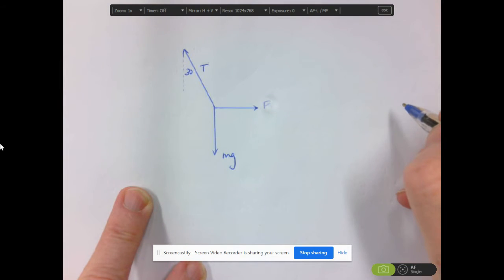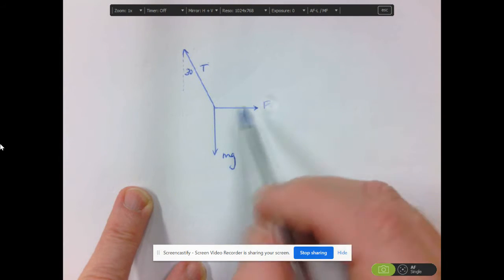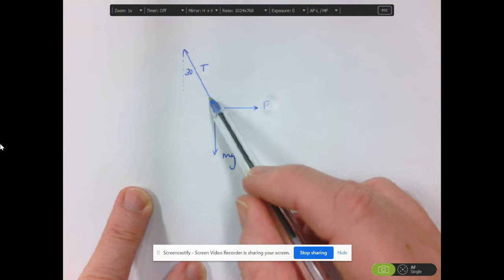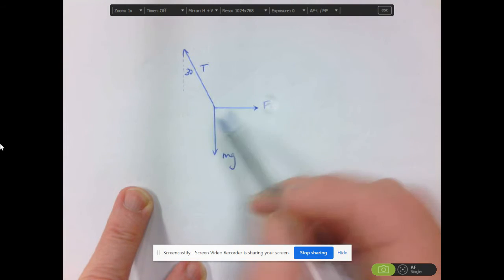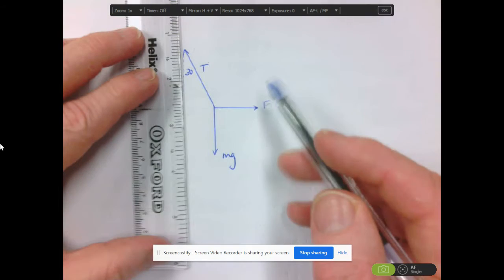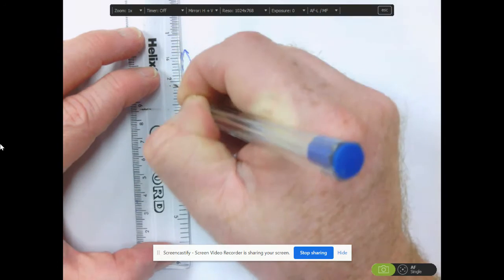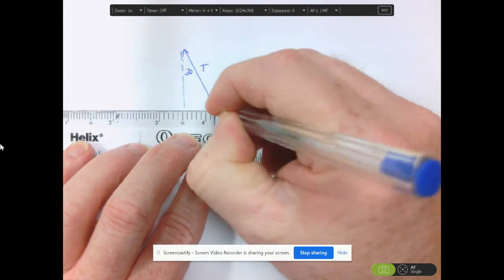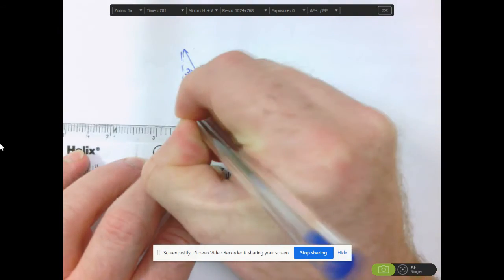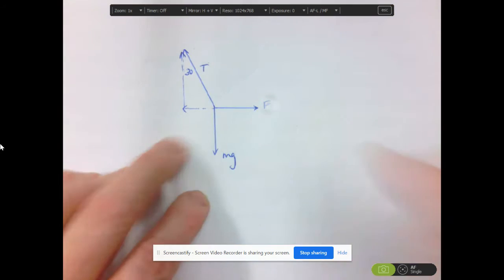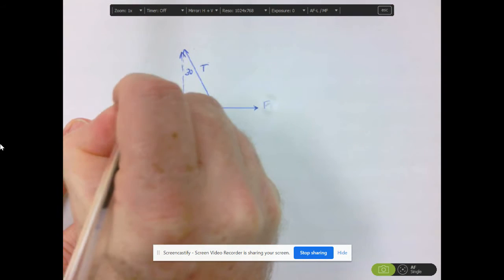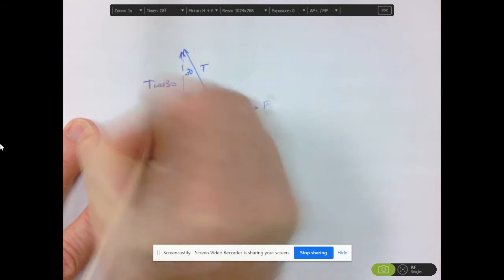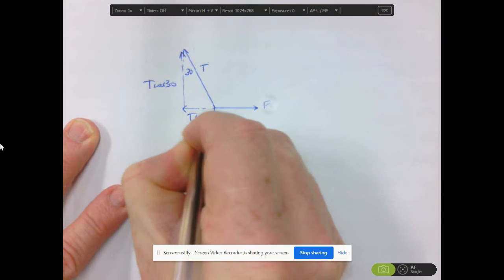So the only one which is not in a cardinal direction is the tensional force. So this is the only one that we need to resolve, into its two components, its vertical and horizontal components. So this would be T cos 30, and this is T sine 30.